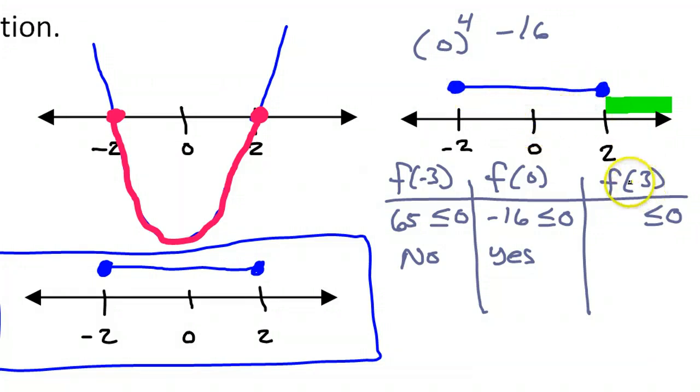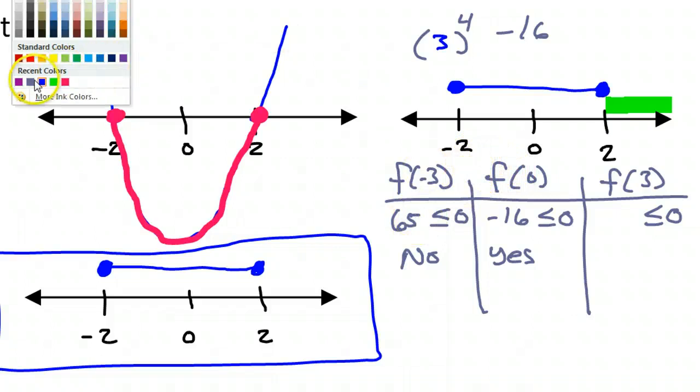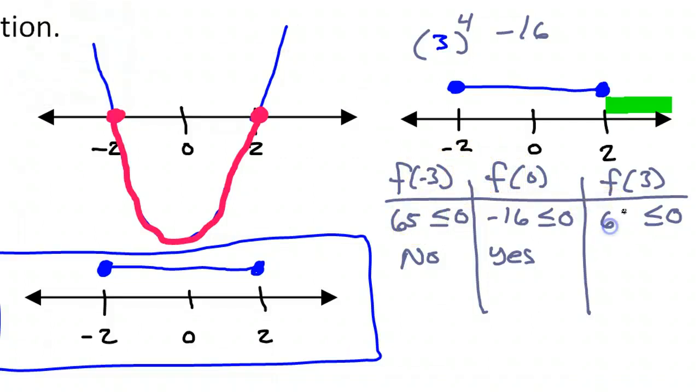And then how about the green? Well, this is just like what we did before. If I put 3 in here, 3 to the 4th power is 81. Again, 81 minus 16 is 65. So again, I get 65 is less than or equal to 0. Well, no, it's not.